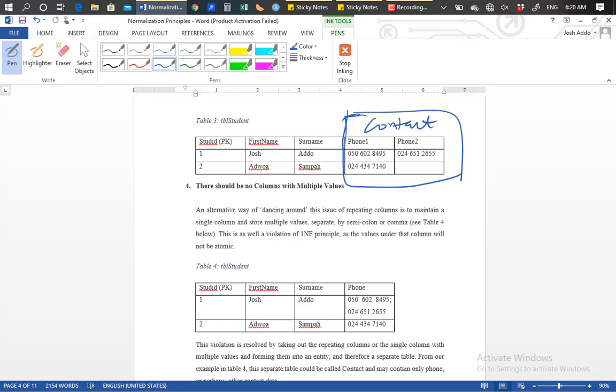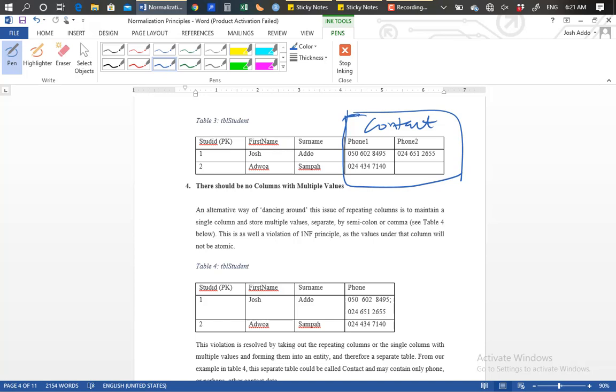It's also defeating the idea of one table storing data on one subject matter. This table, for now, is storing data specific on students. At the same time, it's storing data on contacts.